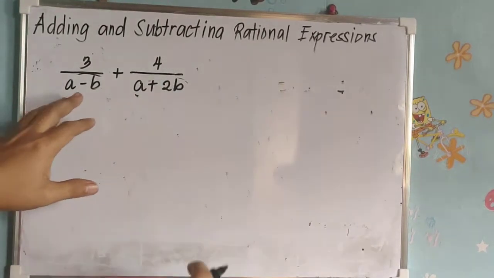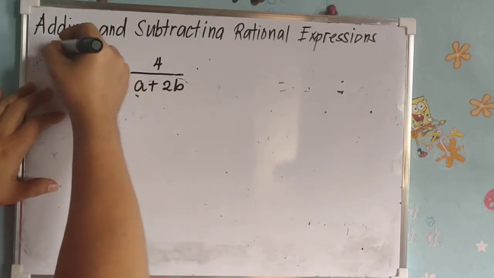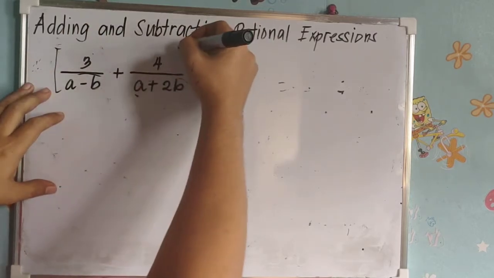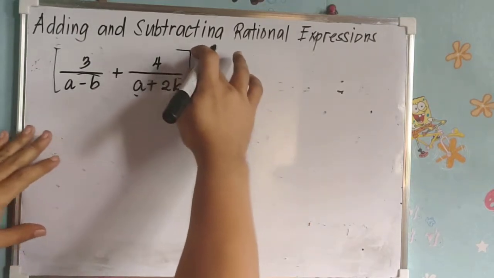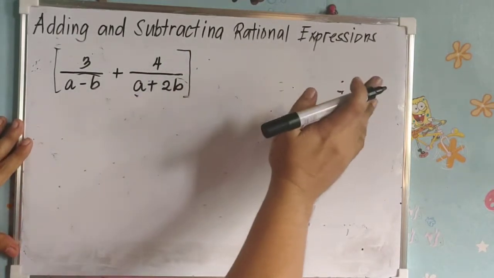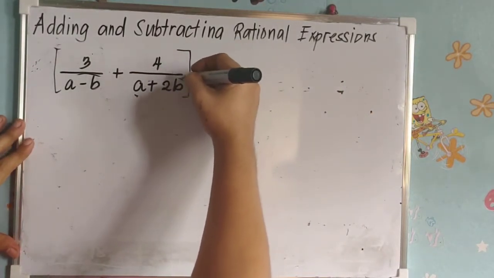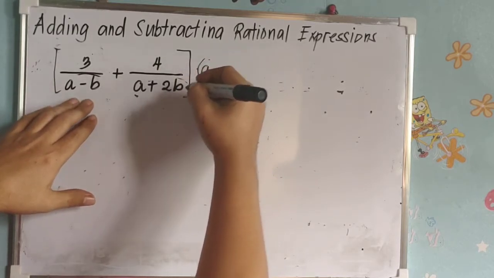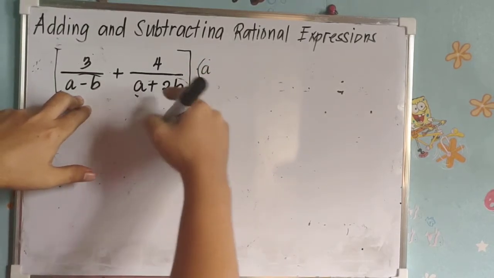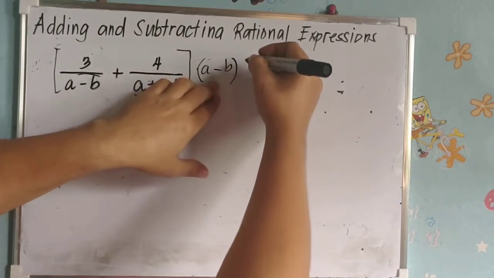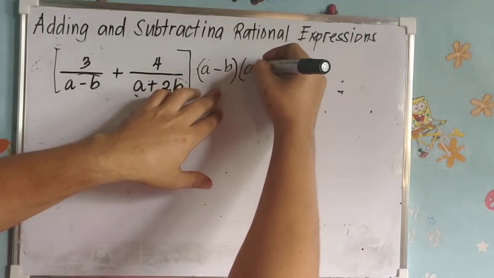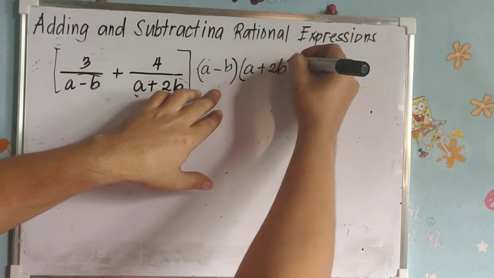So the LCD is, let's write the LCD here on the right side. In factored form, we have all our distinct factors, meaning we are going to get all the factors. The quantity a minus b times the quantity a plus 2b.